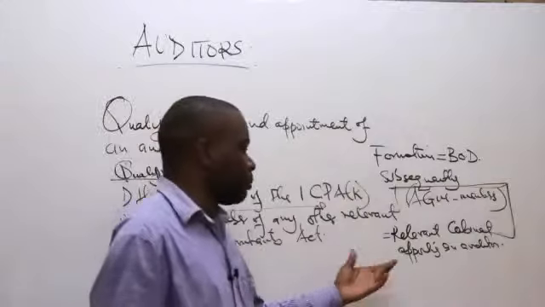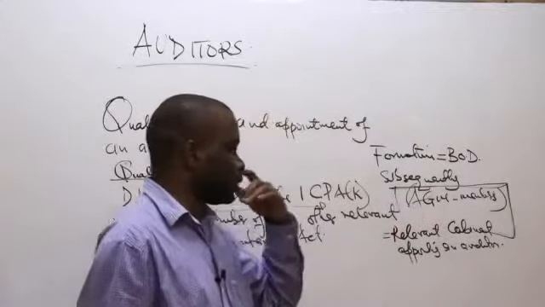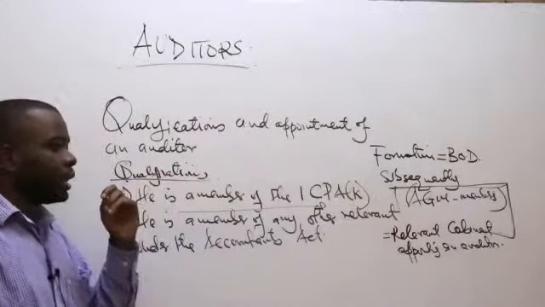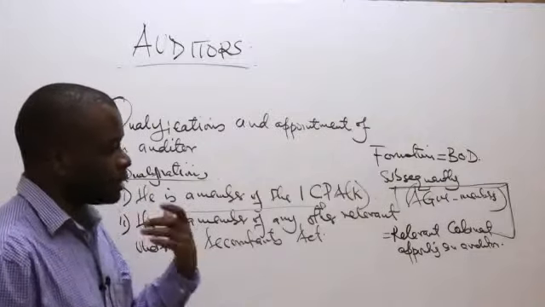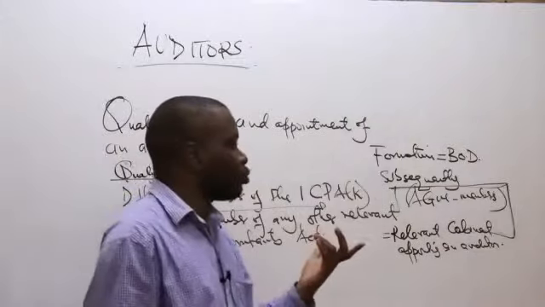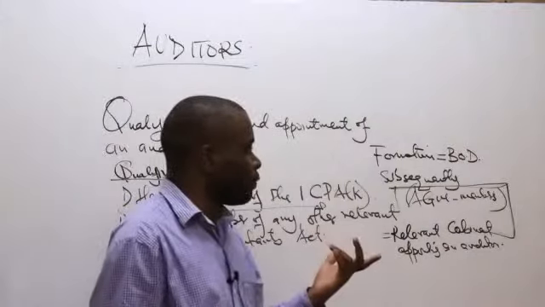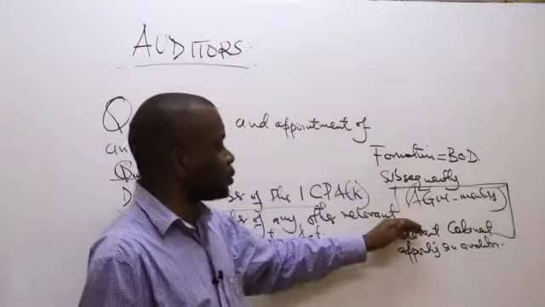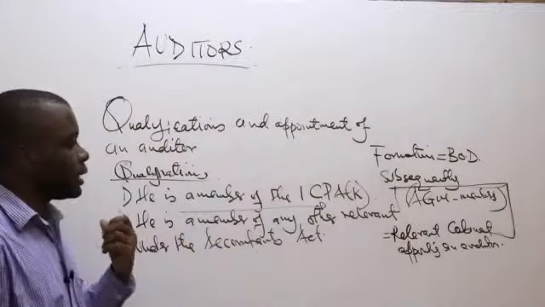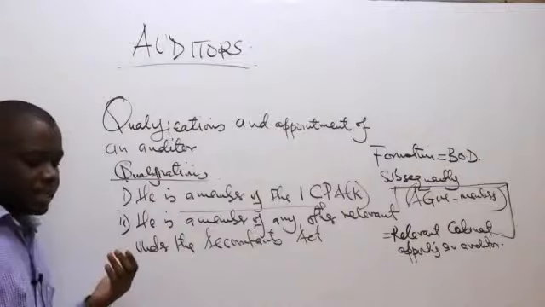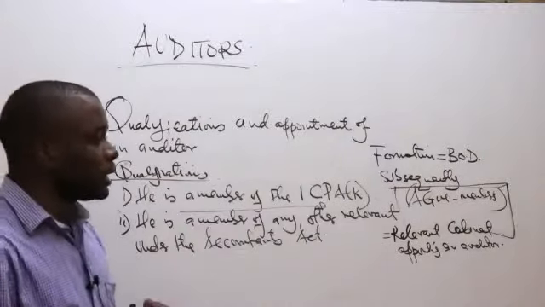If it is the relevant cabinet secretary appointing an auditor of the company, then he will set the remuneration based on how much the company can pay him as an auditor. So these particular parties are the ones who set his remuneration in the company.